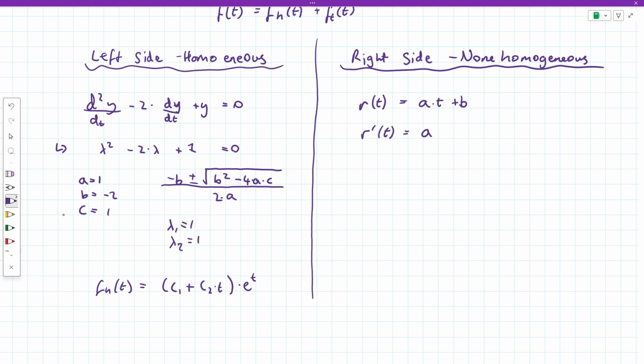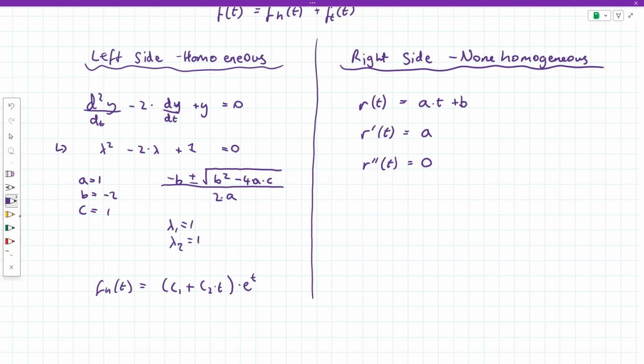It's t to the power of 1, so we times a by 1, and we take 1 from the power of t, which means that we're left with just a. If we differentiate that a second time, then we're left with 0, because we have no values of t to differentiate.